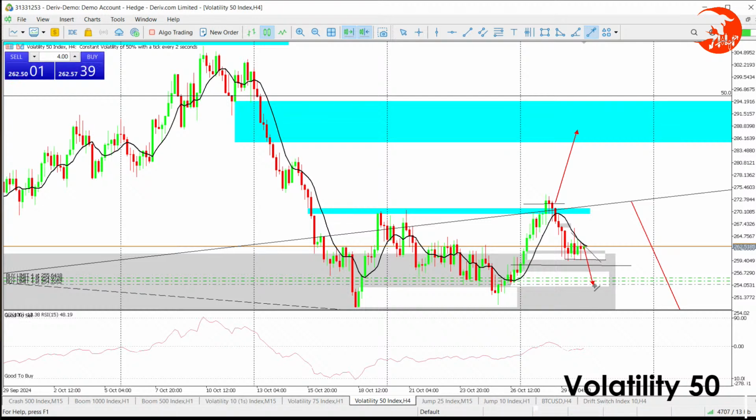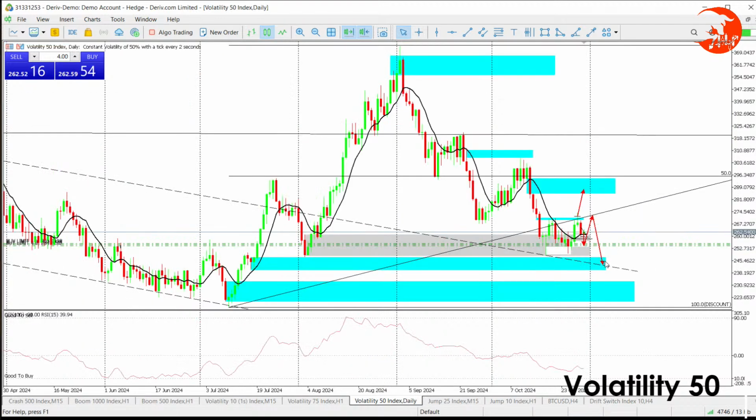Probably from that level we will see buys take us back there, then sells again on H4 to make us go all the way to this level on daily, and then from there we get into buys to push us all the way up for the new higher high, or back to that resistance level according to weekly.